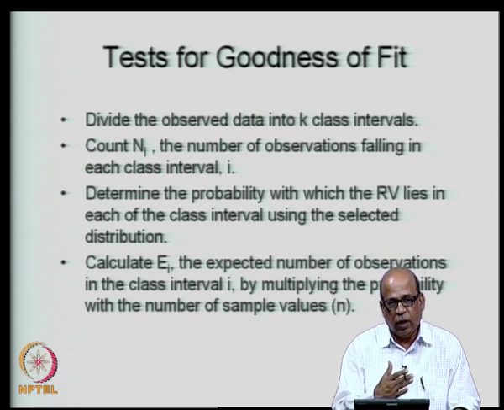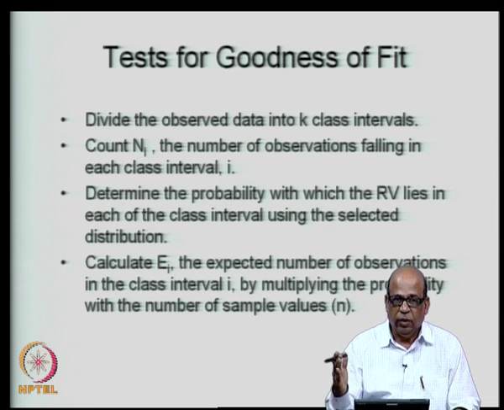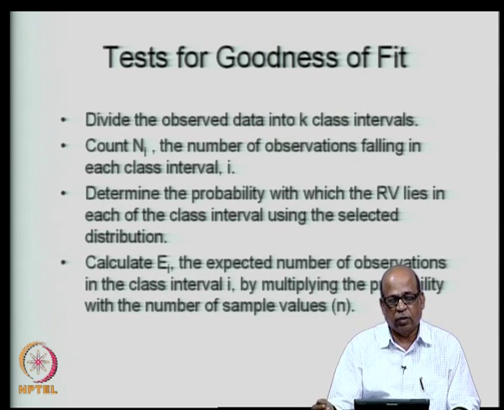Now, when you do the classification uniformly, it is possible that you may get no values in a particular class interval. That means that particular class interval may not have been represented in the data at all, which means you may get a value of 0 there. We will see some general guidelines of how to make the classification, so that the test can be usefully made.